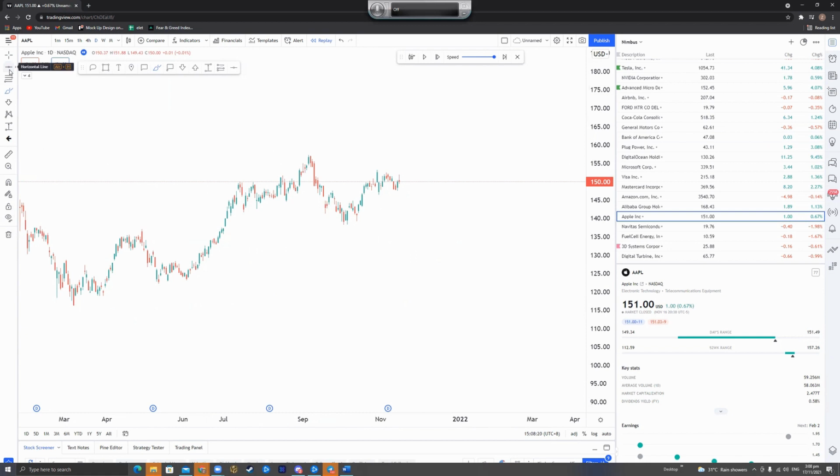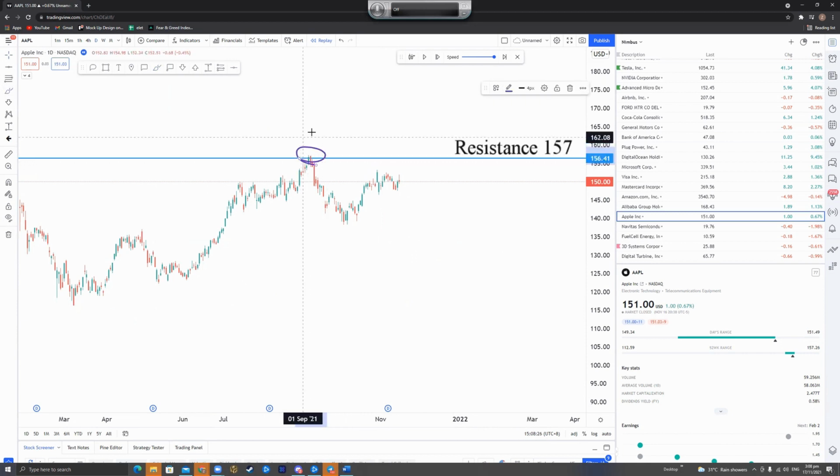There is one concern with the long position play, the resistance at price 157. Also take note that this resistance level is already an established level because we have seen the price come down after touching this level.